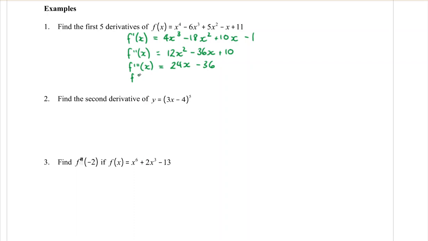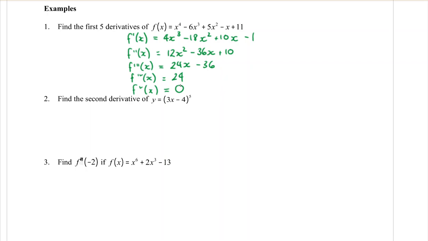I don't have to do 4 dashes, so I'm going to do an IV. So differentiating the 24x, I'm just going to get 24 and the 36 disappears. And finally, the fifth derivative is 0 because I'm differentiating a constant, there's nothing left, it disappears. All right, so there's 5 derivatives.